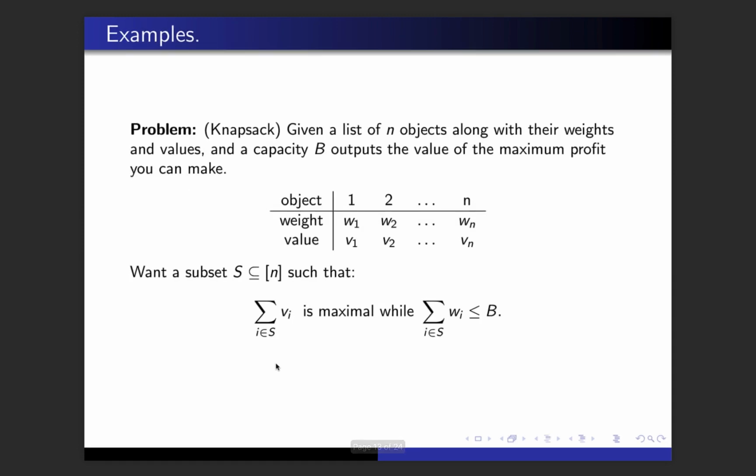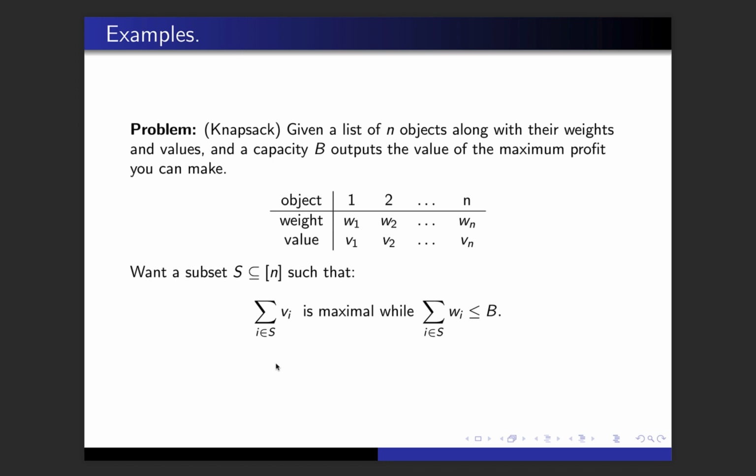I'm going to mention one more problem that is familiar to you, and this is the knapsack problem. We saw this problem, or you saw this problem with Professor Avernetti before, and you saw a dynamic programming solution for this problem. Remember the setting. You are given a set of objects. I'm going to list the objects from 1 to n.